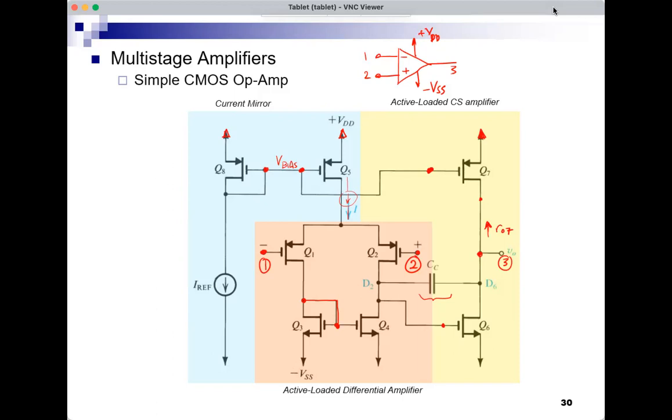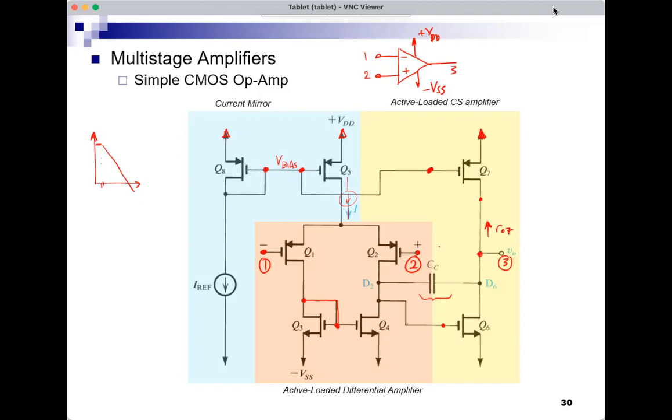This is exactly what CC is doing. CC, this capacitor connected between the drain of Q2 and Q4 and the drain of Q6, so between the input and output of the common source amplifier, is introducing a pole at a very low frequency to shape the open loop gain of this op-amp. This is the Bode plot of the open loop gain. And it does something like this, starts to drop at some very low frequency.